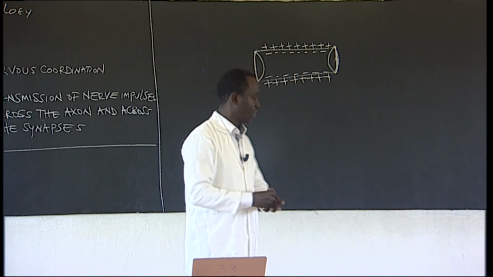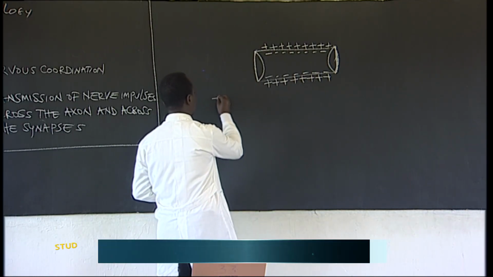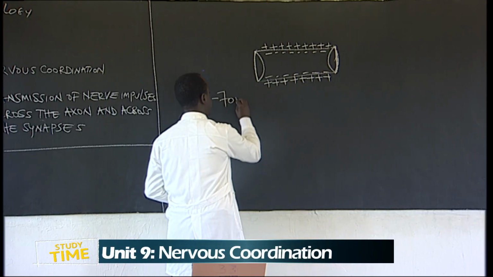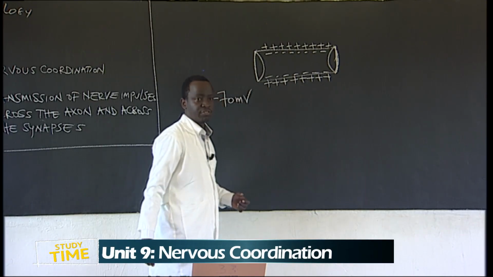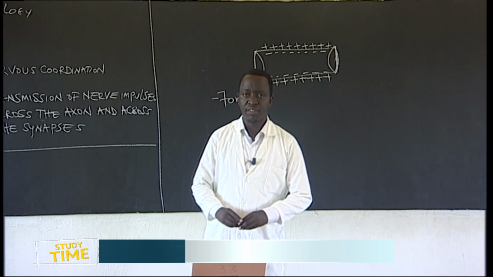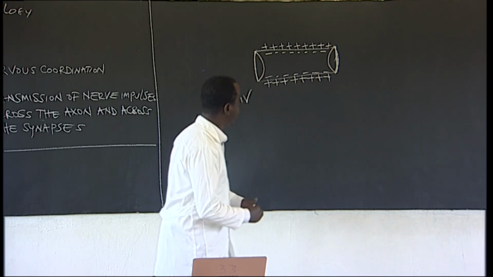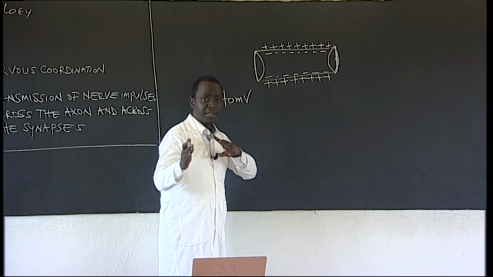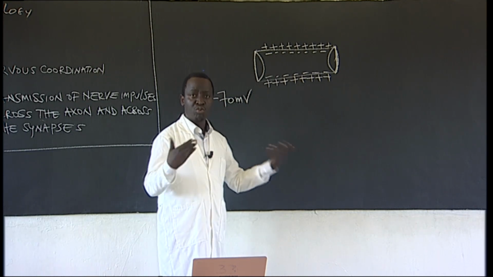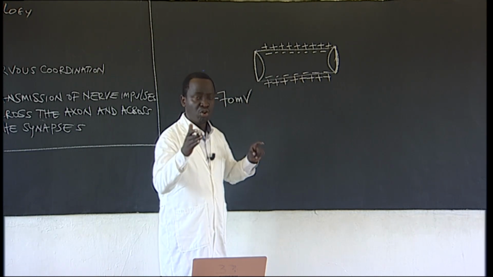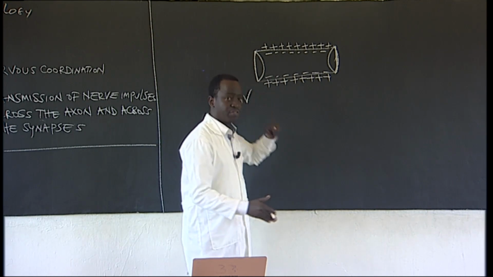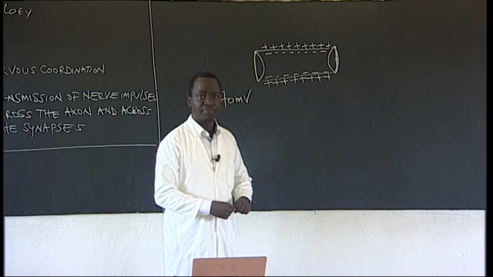It is negative. Actually, here it is negative 70 millivolts. This is when there is no transmission of the impulse. Are you getting this? This is the axon membrane at the resting potential, when there is no stimulus, when there is no passage of the impulse.